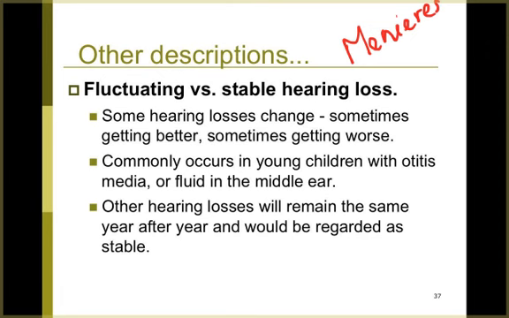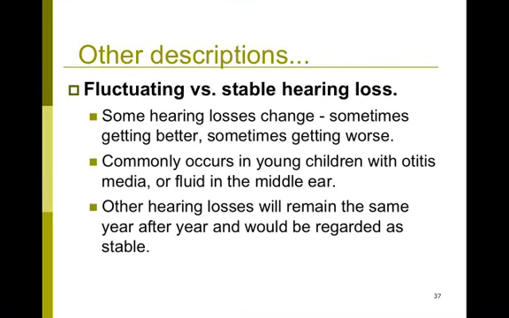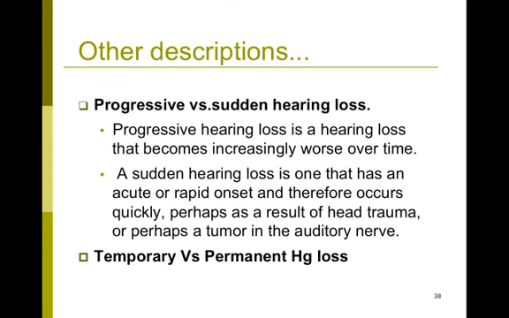Now, of course, the other type of hearing loss would be that it remains stable. The type and the degree of hearing loss remain stable for a prolonged period of time. Then you have sudden hearing loss, and we just talked about a sudden hearing loss that's unilateral.